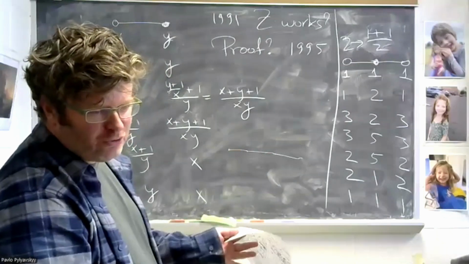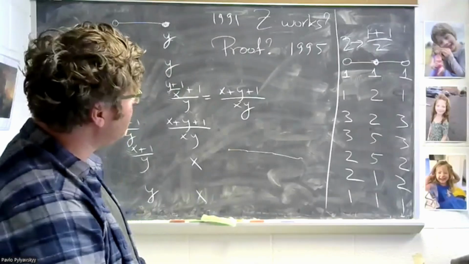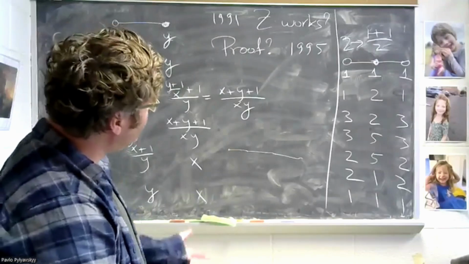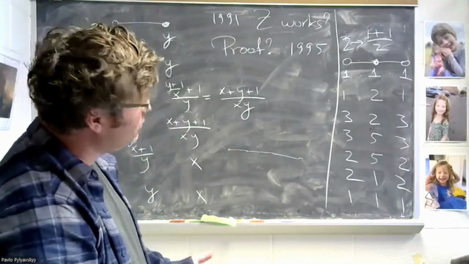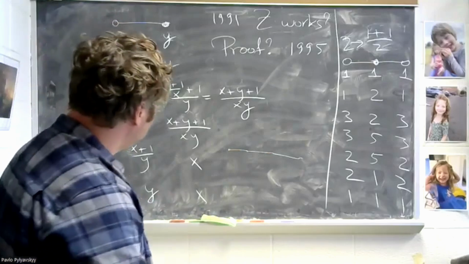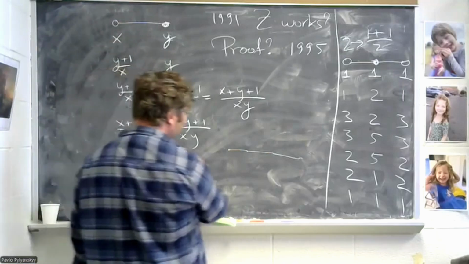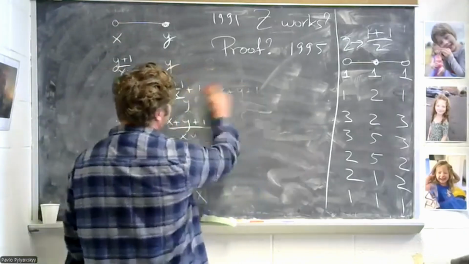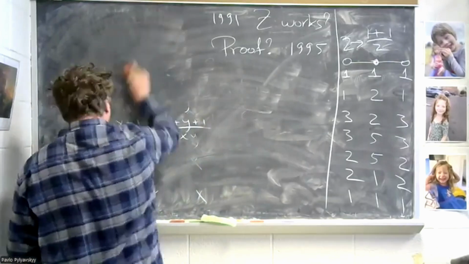I will eventually maybe share with you a link to his paper. You can find it yourself. Try reading it. If anybody can read it and explain to me what's going on there, I couldn't do it. It's very hard to understand what he was doing, but people got interested in this and it was hard. People couldn't prove this.